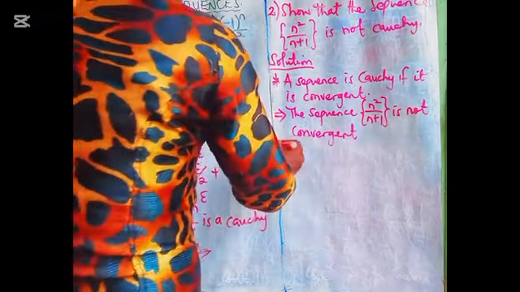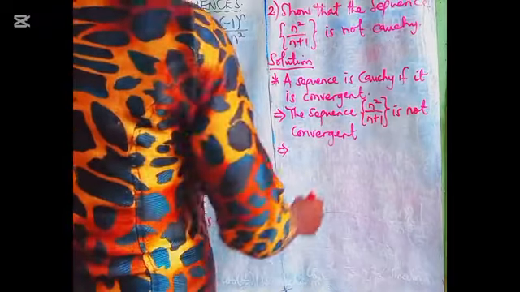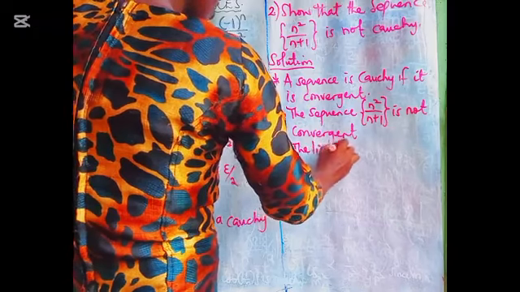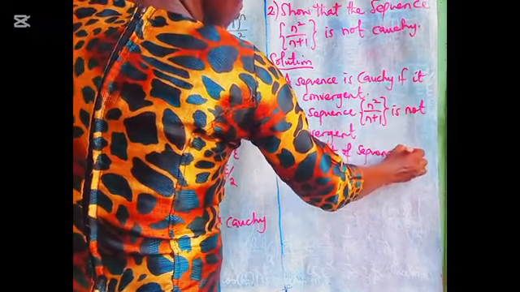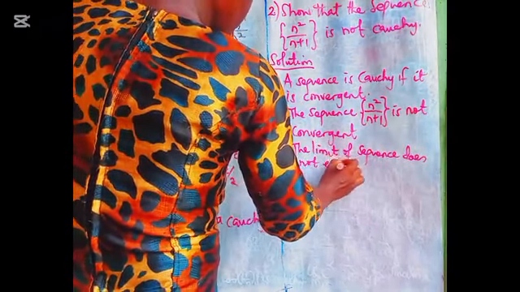And if it is not convergent, it means that the limit of the sequence does not exist.